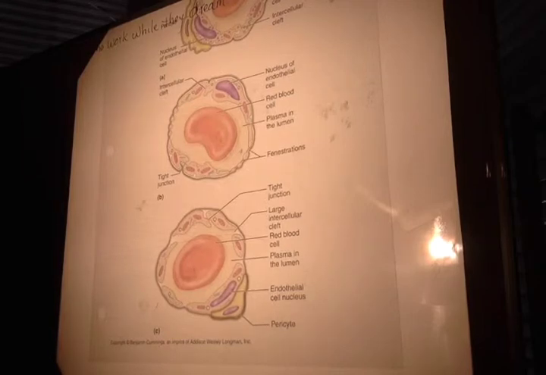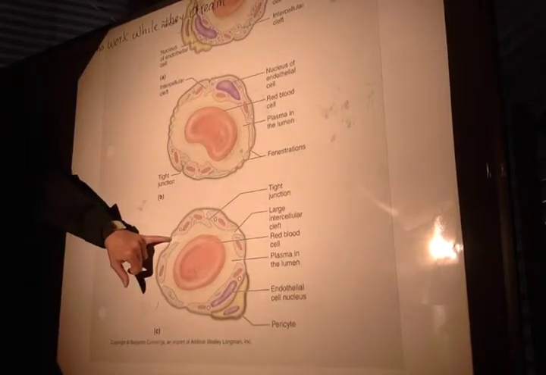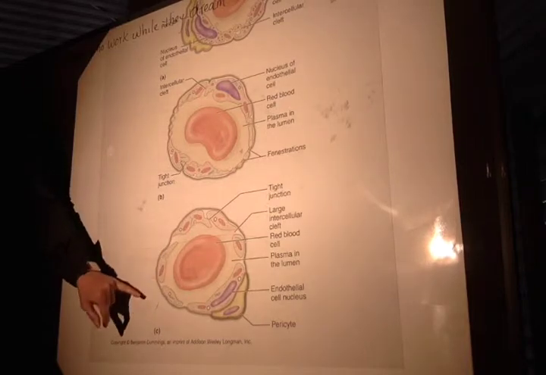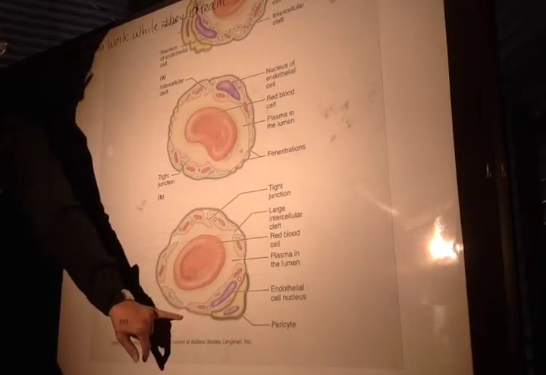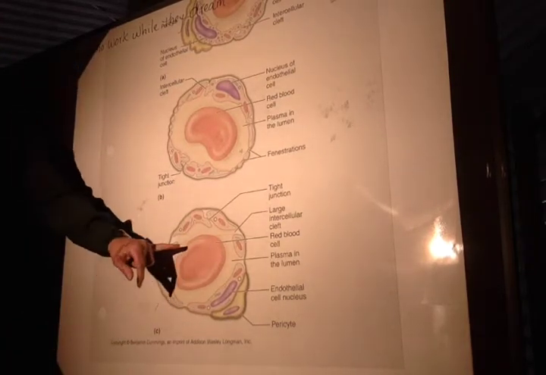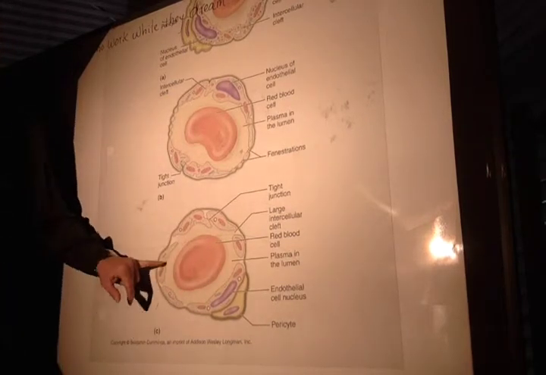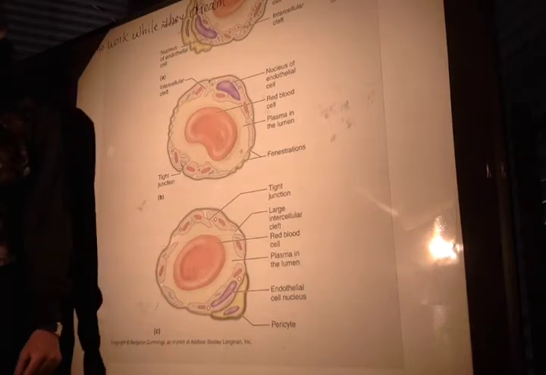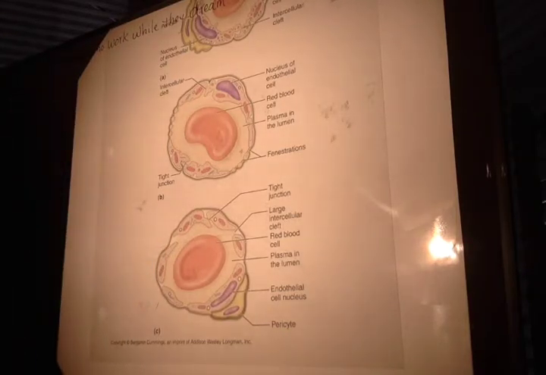You have a little bit of connective tissue around the outside here. But you also have small clefts or spaces. So, things that are smaller than a red blood cell can diffuse out of those spaces. Anything that's smaller than the space can diffuse out.